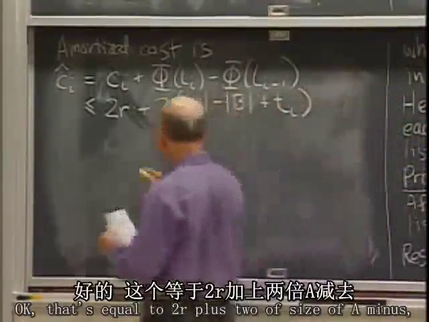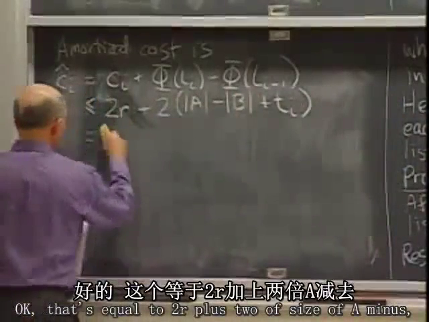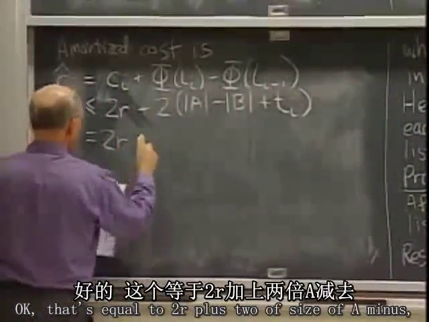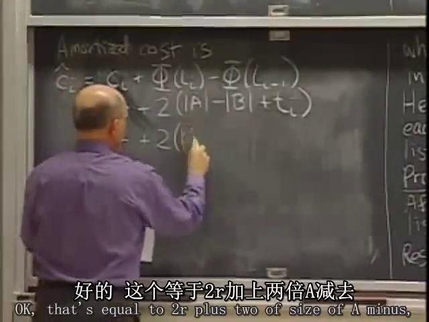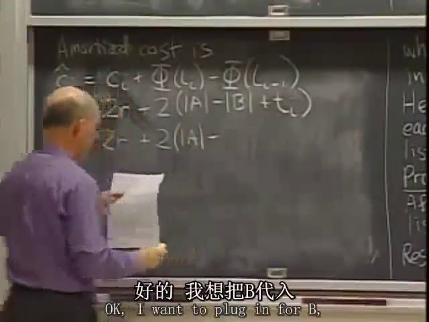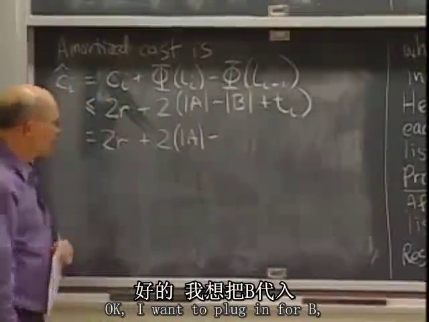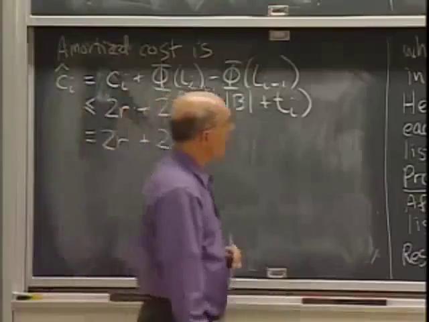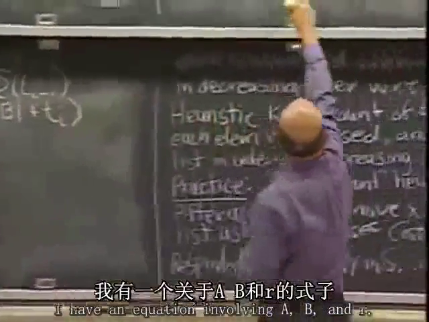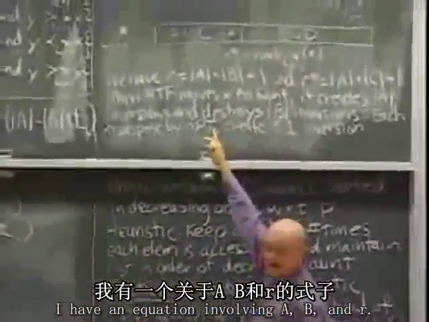That's equal to 2r plus 2 times the size of A minus, okay, I want to plug in for B. And it turns out very nicely, I have an equation involving A, B, and r.